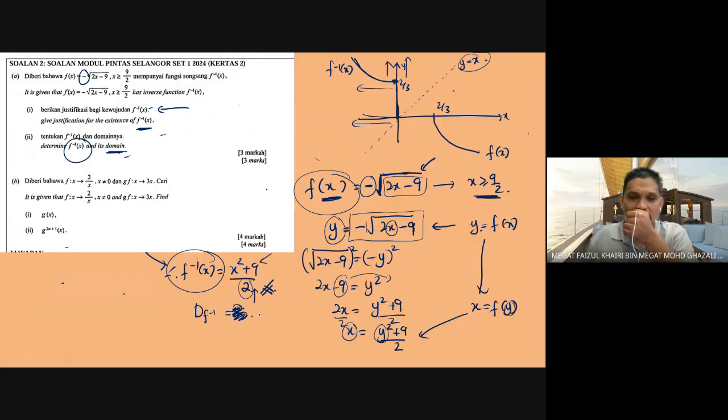So for this one, the domain is negative infinity until 0.